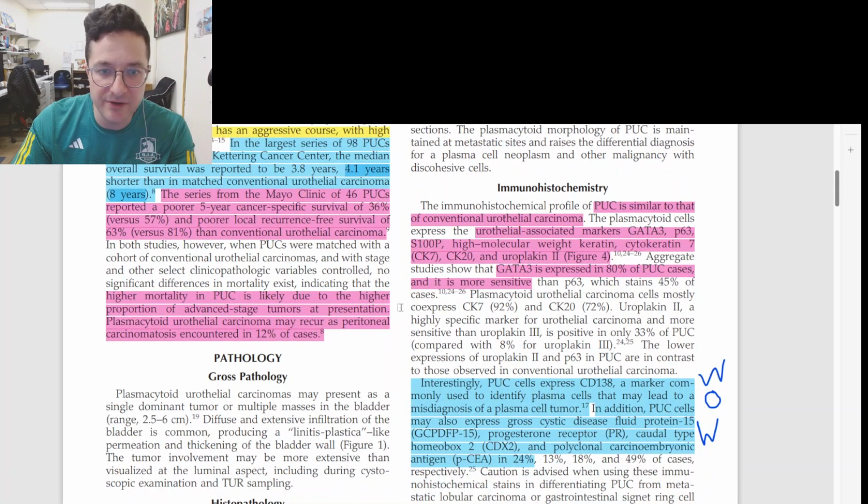So these are more aggressive variants, and they do stain like normal conventional urothelial, because they are urothelial.